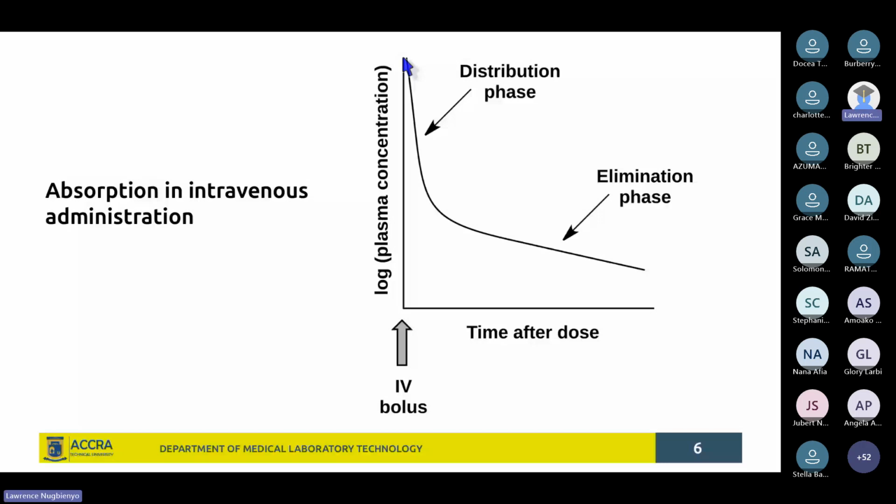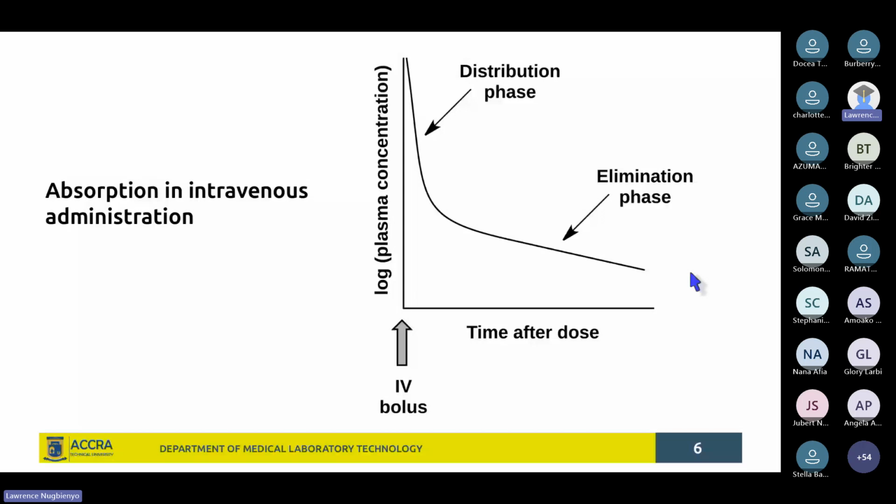And so right at the beginning, the concentration of the drug is high. Then it gets distributed to all the tissues and the organs. And then later you see that concentration declines much, much more, until all the drug is eliminated out of the body.